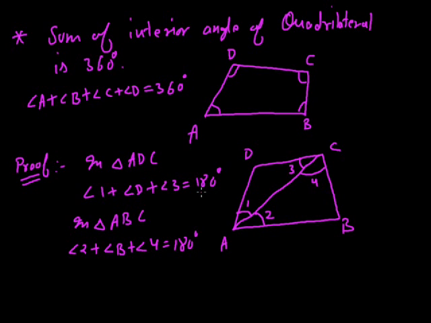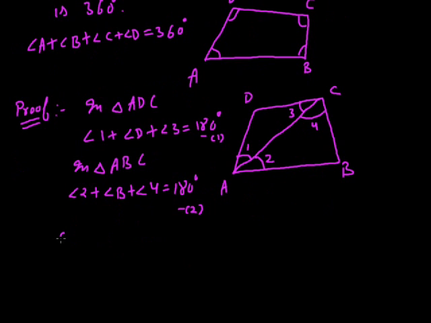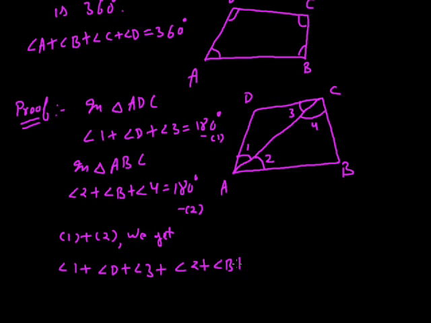Let's say this is equation number 1 and this is equation number 2. Now, when we add these two equations, we get angle 1 plus angle D plus angle 3 plus angle 2 plus angle B plus angle 4. On the right-hand side, 180 and 180 get added.